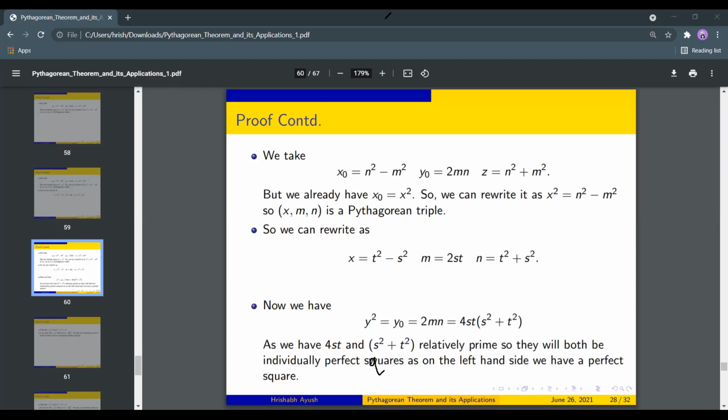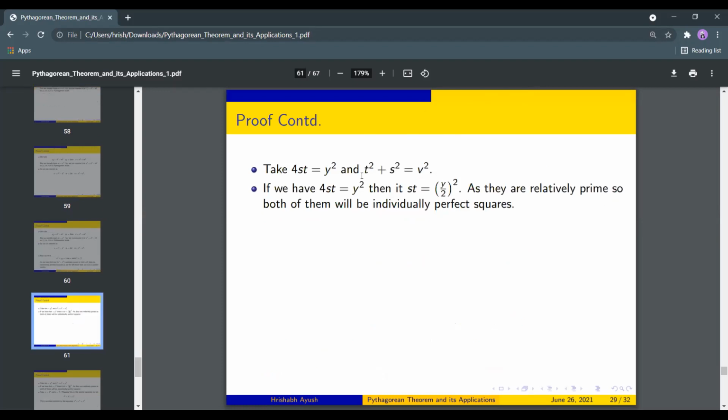So does that make sense, or anyone has any doubts? Okay, I'll move to the next slide. So we can take 4st equals y square and t square plus s square equals v square.